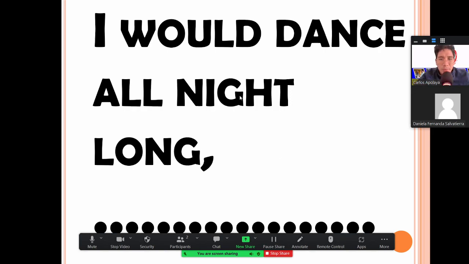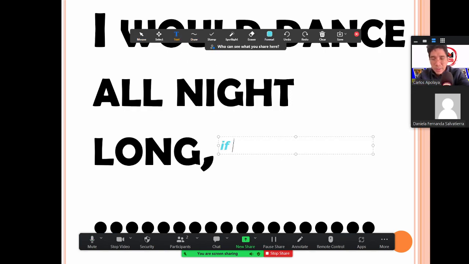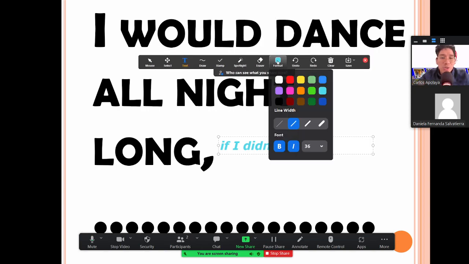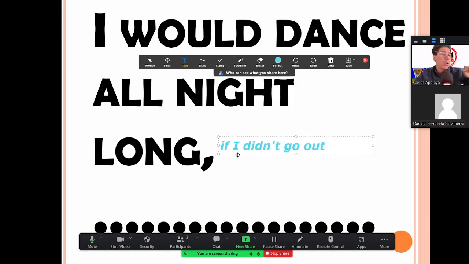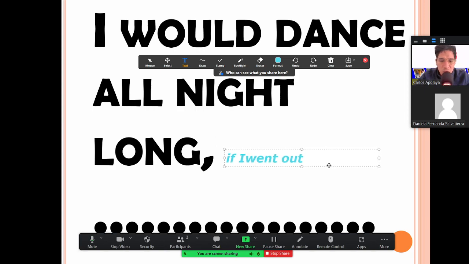A ver, tú me dices así, mira si tiene sentido. If I didn't go out. Me dices: yo bailaría toda la noche de corrido si yo no saliese o si sí saliese. ¿Y ahí cómo sería? If I went out. Super simple. This is what you have to do.